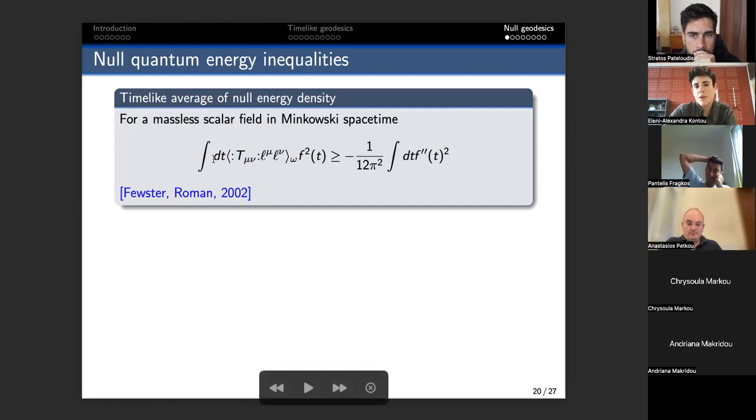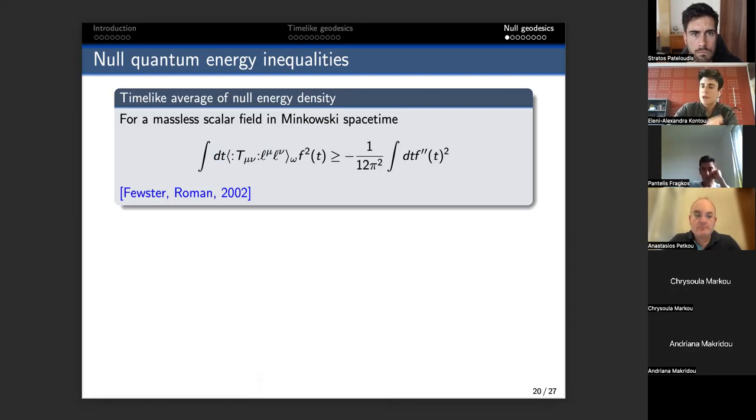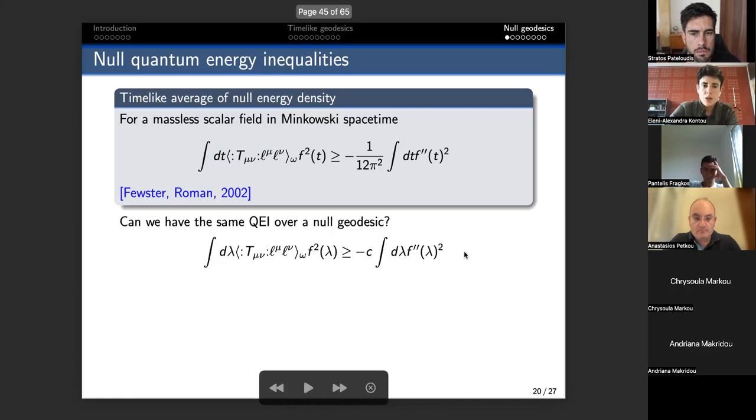But you see here that this is averaged over a time-like geodesic instead of a null geodesic. Otherwise, it looks very, very similar with the quantum inequality that I showed you for the energy density. So can we have the same quantum inequality over a null geodesic? So instead of integrating over a time-like path, integrate over a null geodesic?